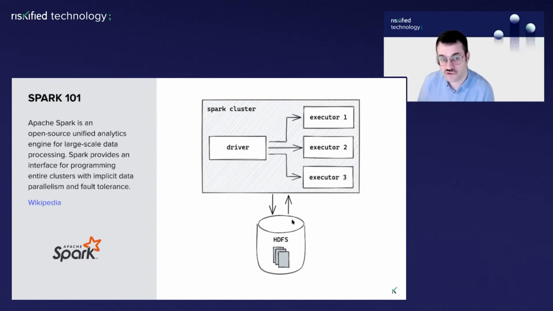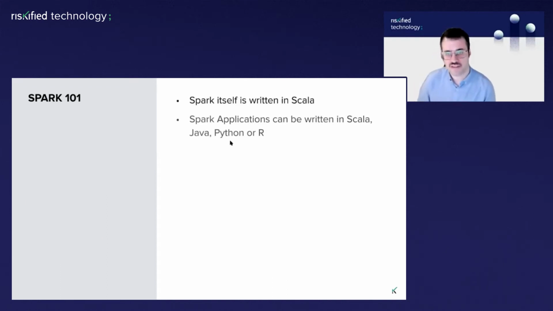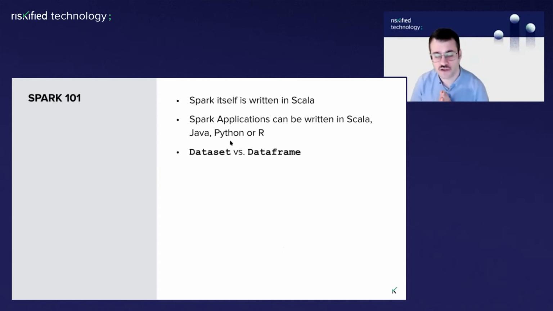It can work with other sources, and we will touch a bit on this point later, but that's the classic Spark approach. And Spark itself is written in Scala, but Spark applications can be written in Scala or Java or Python or even R. Today, we're going to be focused solely on the Scala flavor of Spark.